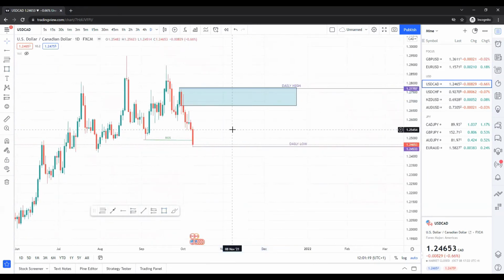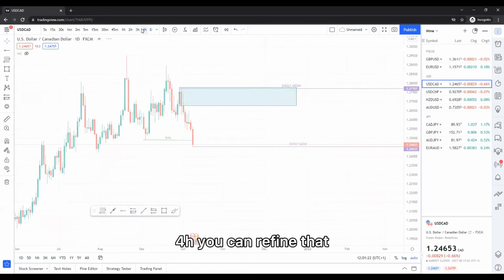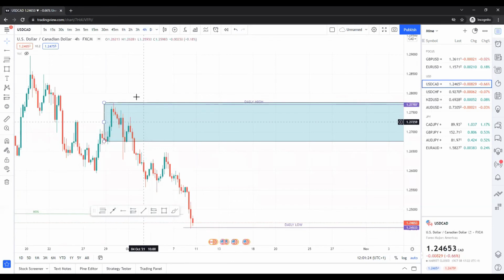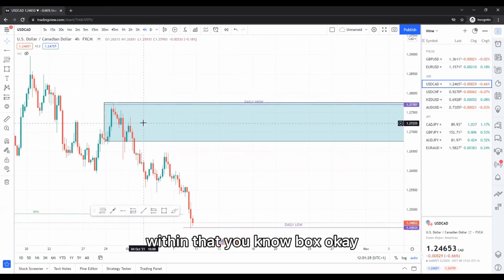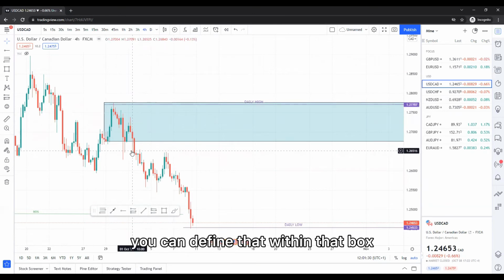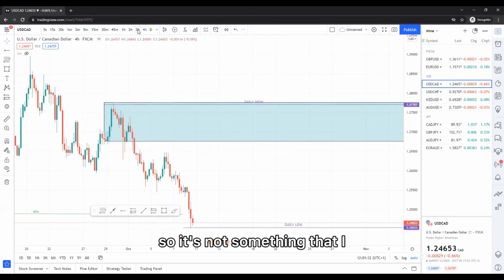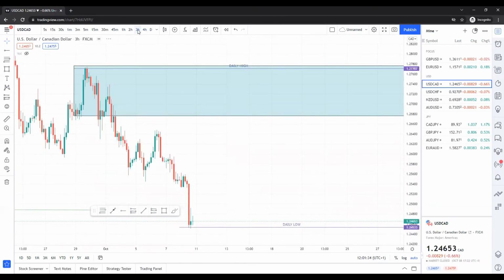If you go to the 4-hour, you can refine that within that box.